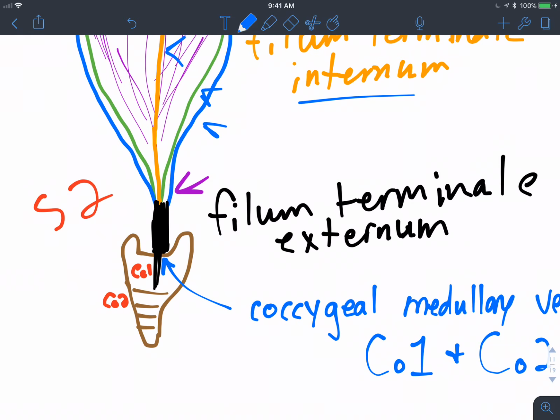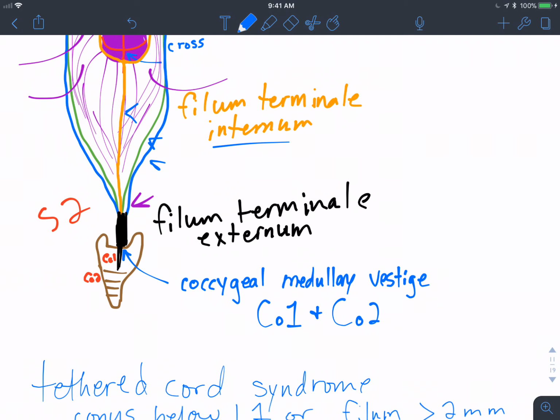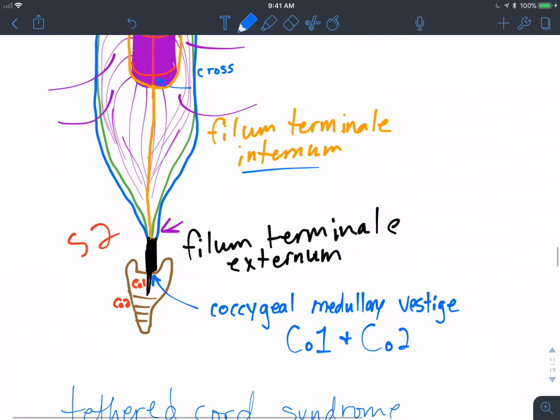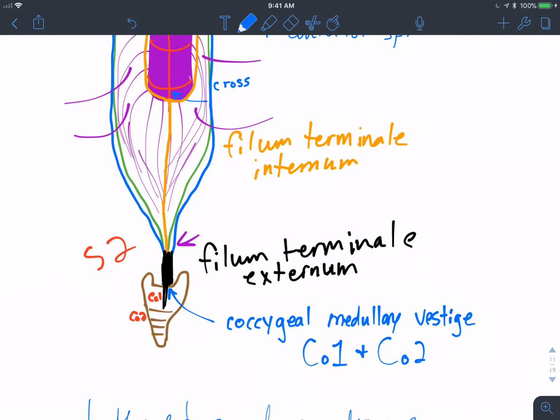And you can see it attaches to the coccyx, right? But it's got a special spot that it attaches, coccygeomedullary vestige, okay? It is CO1 and CO2 levels, okay? So you kind of see I have that long line drawn there, but keep that in mind, special little spot for that filum terminale externum to kind of come together there.